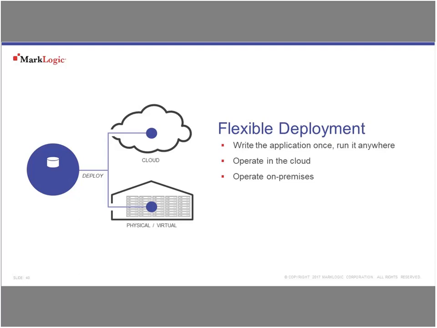I can have a hybrid model where maybe some data is on physical premise and some data is in the cloud. I can have things like tiered storage, and so I might move all of my really old records up into the cloud on S3 storage, and I might have the really new records in a physical environment on premise.